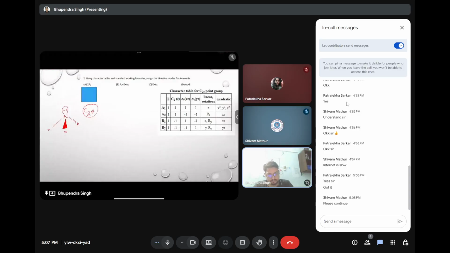Okay. So we need to find the IR active mode, not the normal vibrational mode.